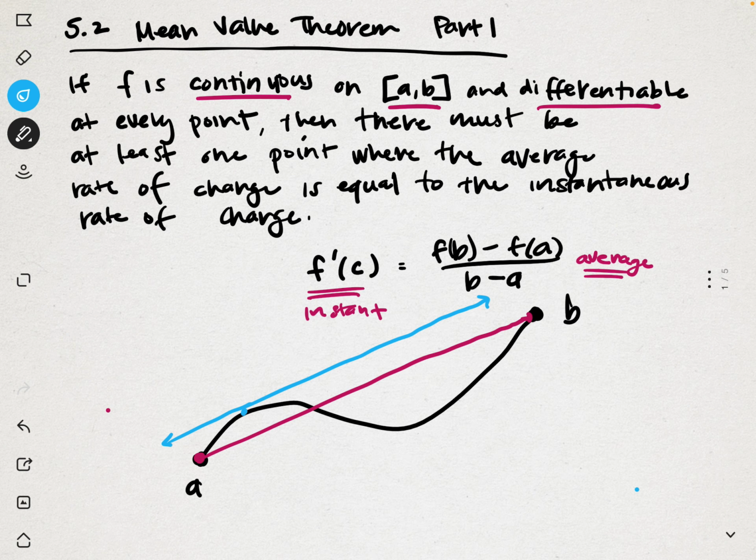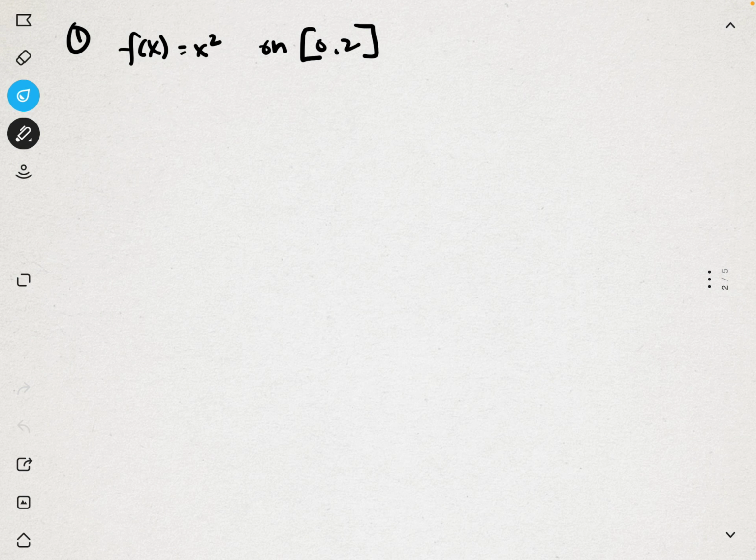We don't know how many times, but definitely at least once we have the same slope. It's got to meet these three criteria: continuous, on a closed interval, and differentiable over that interval.